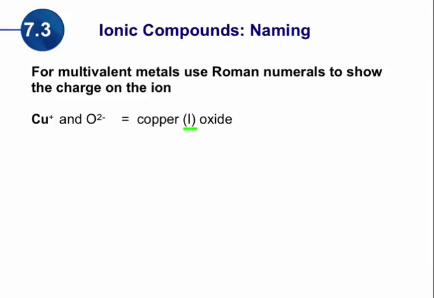Now see if you can try, and you may want to pause this, the next one. So this one, we have Mn3 plus with S2 minus. Always look to your periodic table. Mn3 plus is manganese. S is sulfur. Sulfur is a non-metal, so we have manganese sulfide.